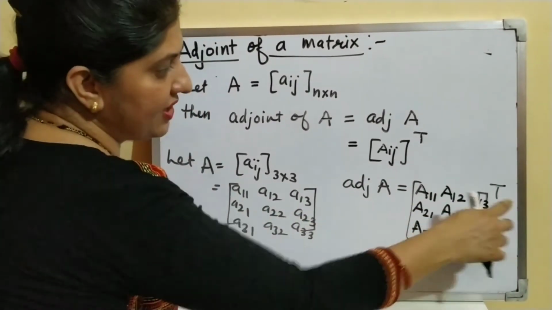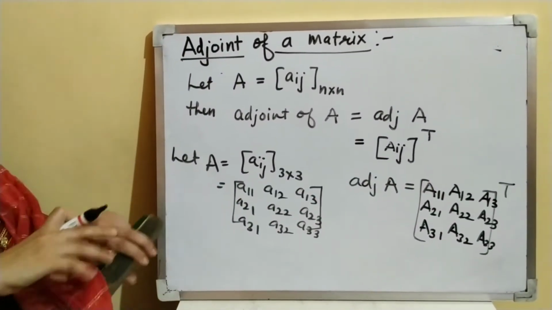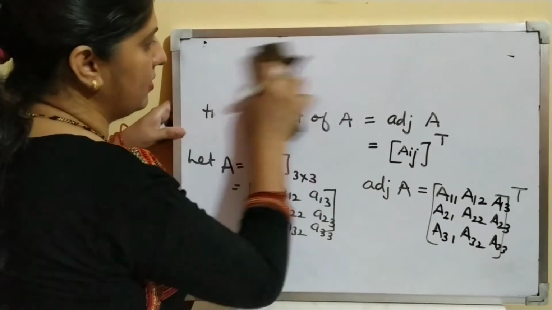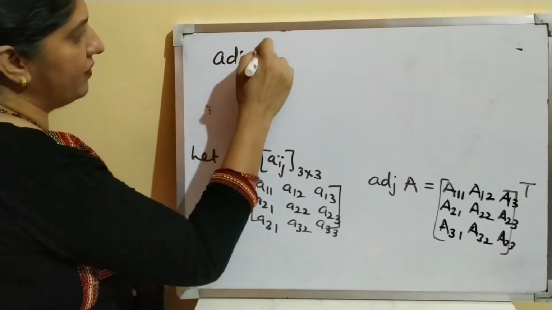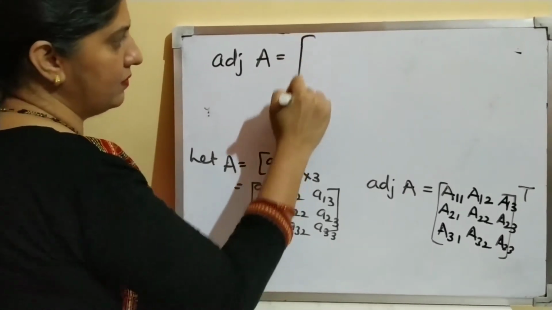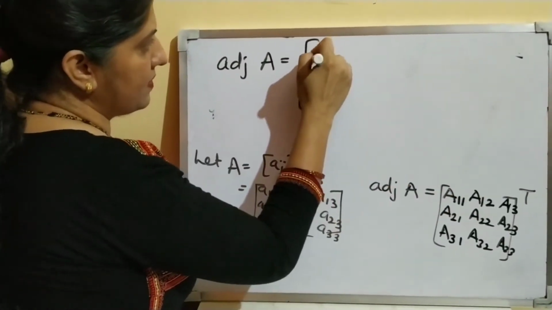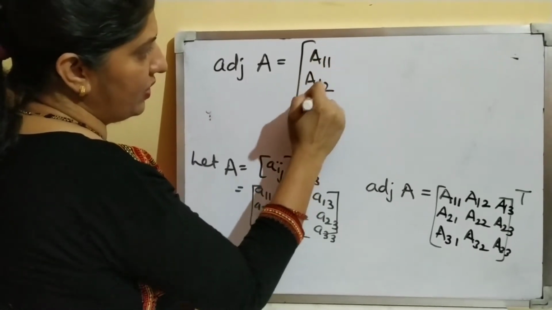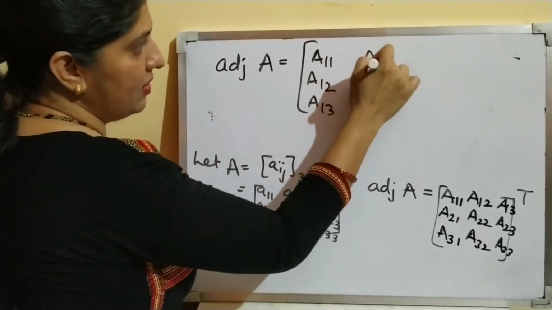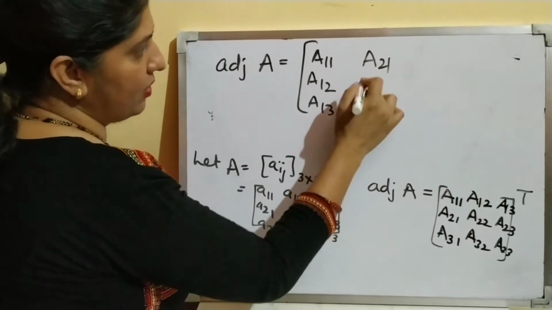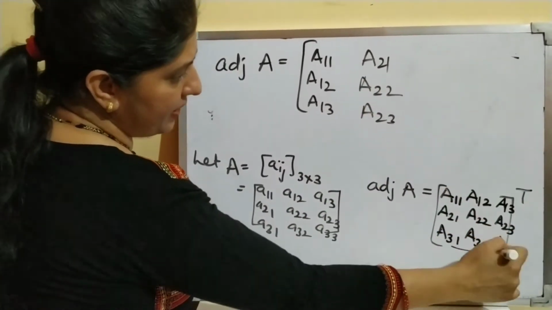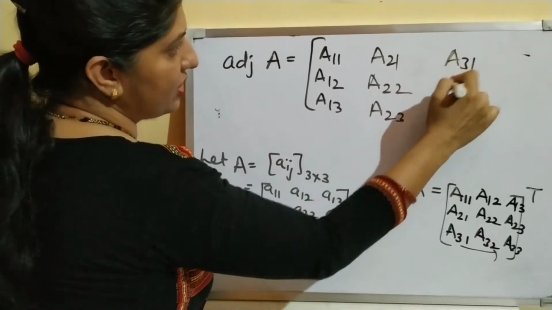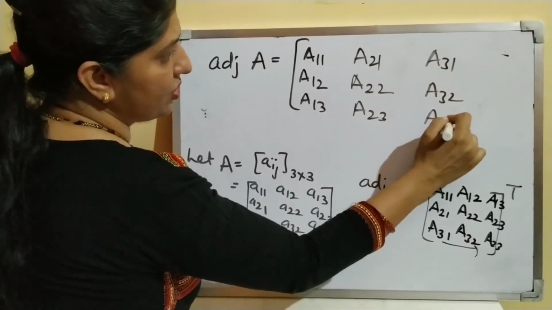Now we have to take the transpose of this matrix. What do we get? Adjoint of A is equal to, first row becomes first column: A11, A12, A13. Second row becomes second column: A21, A22, A23. Third row becomes third column: A31, A32, A33.